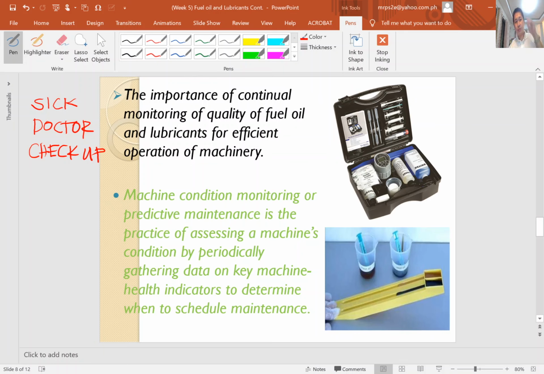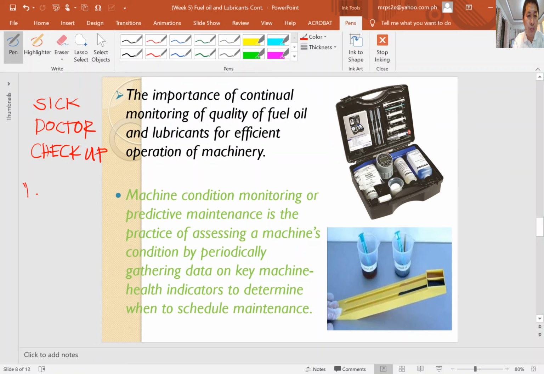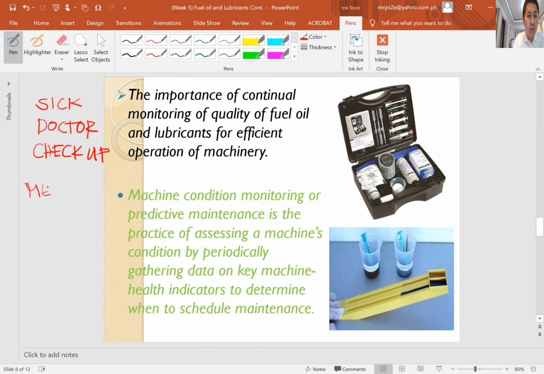The doctor gives a reseta, a prescription, gives medicine.